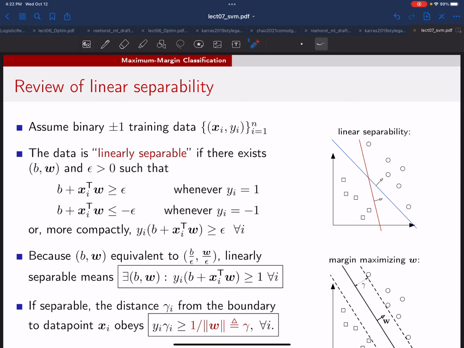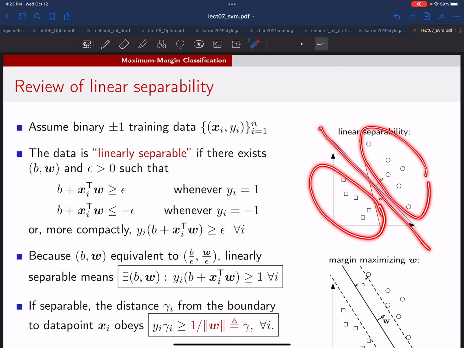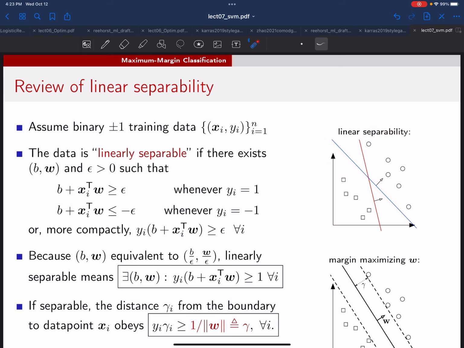But the main idea is that if you have a data set, this is a training data set, we have points from one class here, points from the other class here, and if you can find a boundary, a hyperplane, that perfectly splits this feature space such that on one side of the boundary you have training points from one class and on the other you have training points from the other class, we call that linearly separable because we're basically separating this with a line, with a hyperplane. And as you can see, there's many different ways for this particular data set to be split. Here's a couple, but you can draw many more.